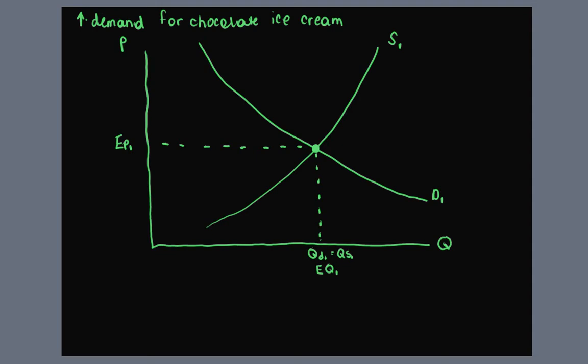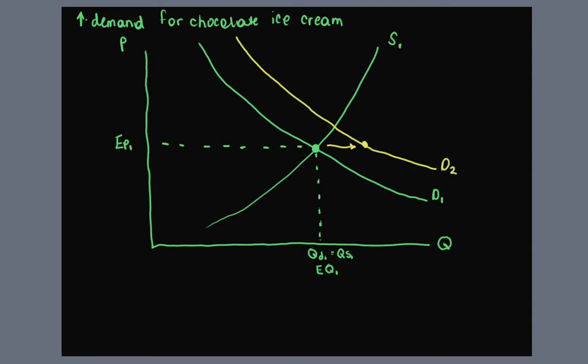So we have a new demand curve, and I'm going to call this demand 2. I'm going to cross the old demand out because that is no longer where demand is.